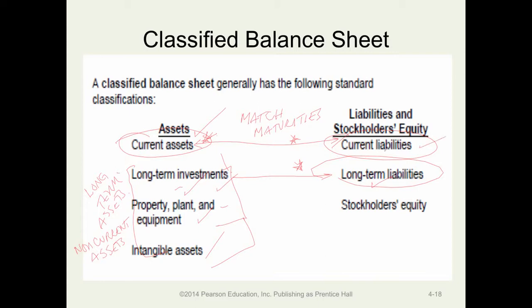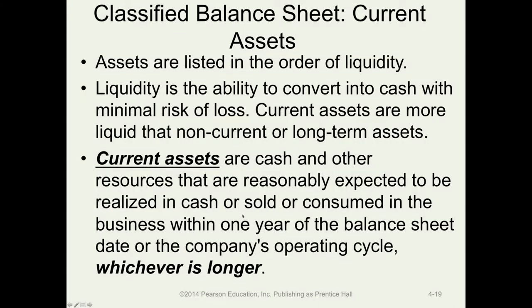When are the liabilities due? Do we have sufficient assets that would be converted into cash within that due date or within that time period? When are the long-term liabilities due? Do we have enough cash for the payment of that long-term debt? Now, as we also said earlier, assets are listed in the order of liquidity. And I said that liquidity is the ability to convert into cash with minimal risk of loss.